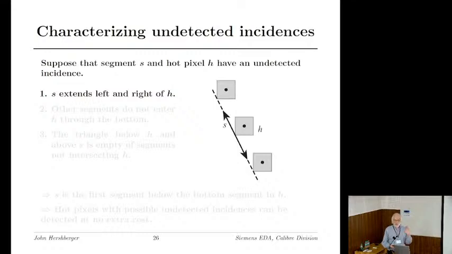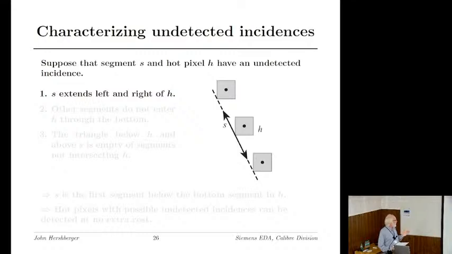So at this point, it was time to put on the theory hat and try to characterize where those incidences can occur. So suppose that you have this situation where there's an original segment S and a hot pixel H that have an undetected incidence.